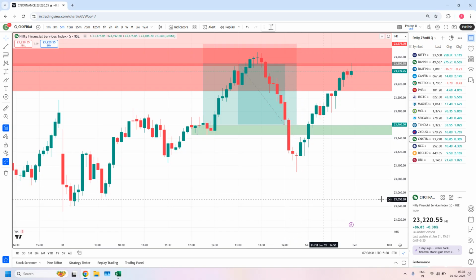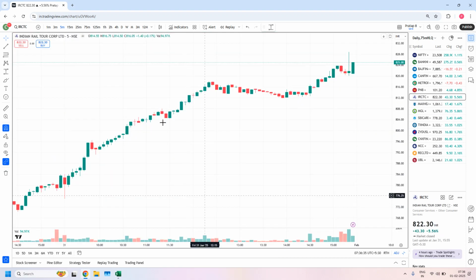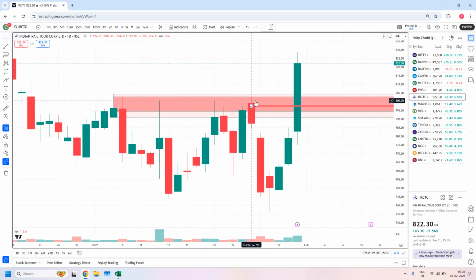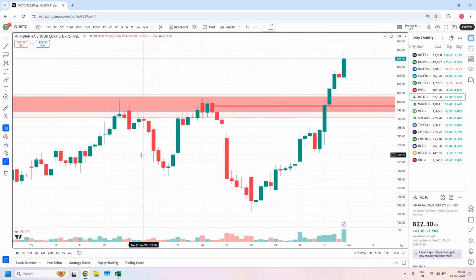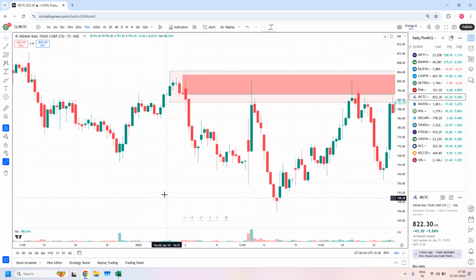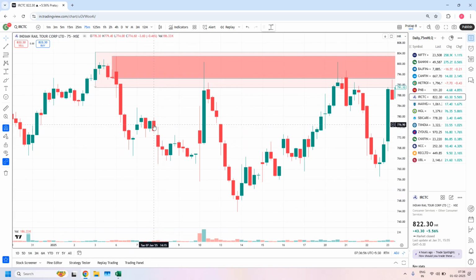IRCTC. It is a stopped out trade. This is a daily high liquidity zone. Rally based drop. See, this zone was tested several times. And within the daily we have a fine-tuned 75-minute zone.